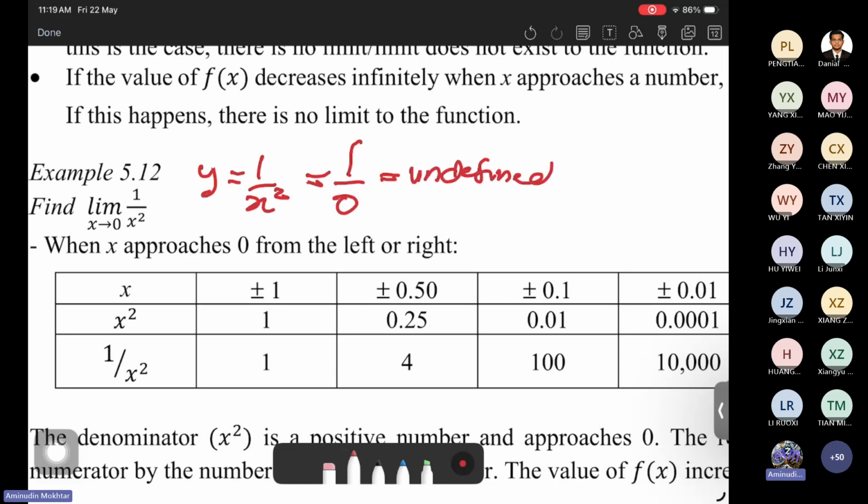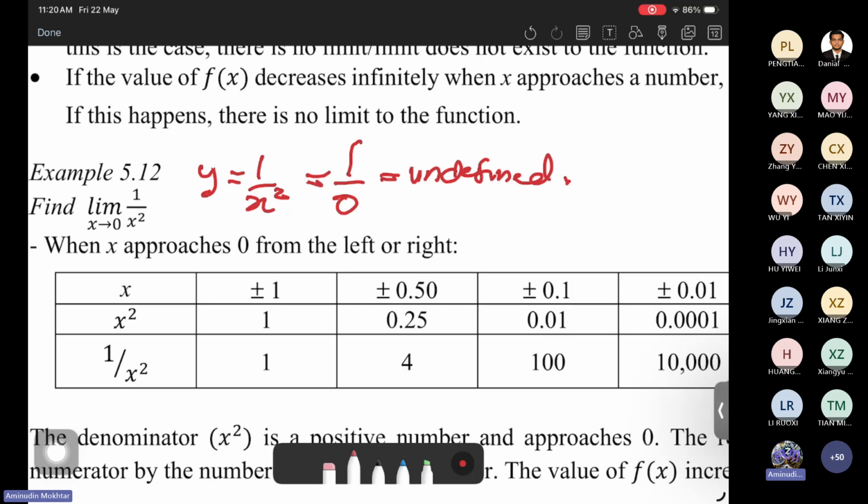When you use your calculator, you get error, or in mathematics this refers to undefined. The value of y is undefined, tidak dapat ditentukan, tidak dapat dikenalpasti, or nilai y tidak wujud when x approaches 0. So in this case, we need to go back to the real concept of limit.